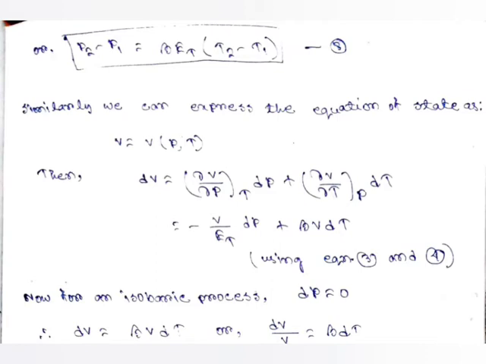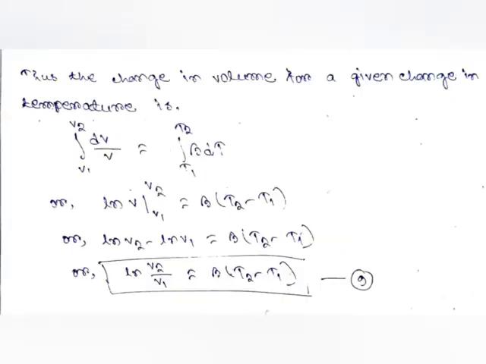Then dV becomes equal to beta V dT, or dV by V is equal to beta dT. If we integrate this equation, we can get the change in volume for a given change in temperature, and the final relation becomes log V2 by V1 equal to beta into T2 minus T1.